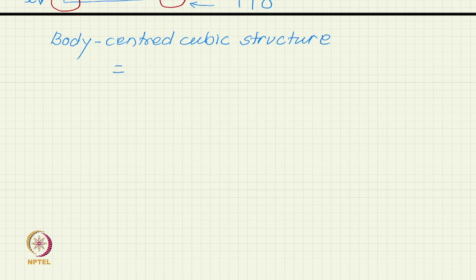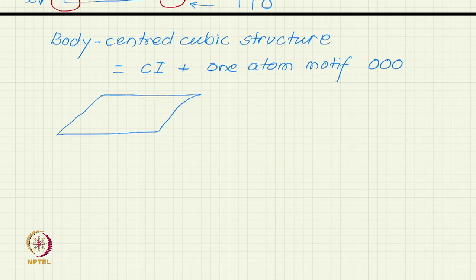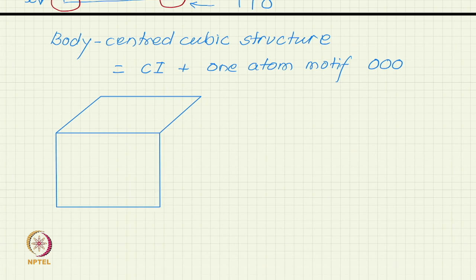So, this is body centered lattice, that is cubic I, plus one atom motif, again that one atom is sitting exactly at the lattice point. So, O. So, if we now draw our cube, so again cubic I lattice.